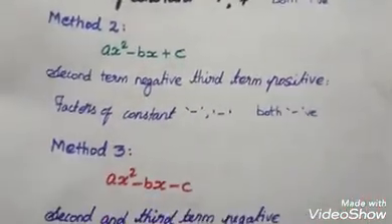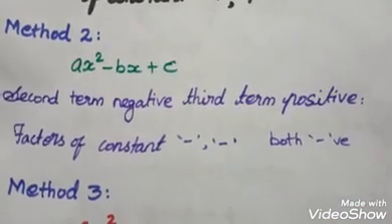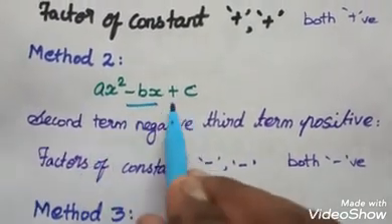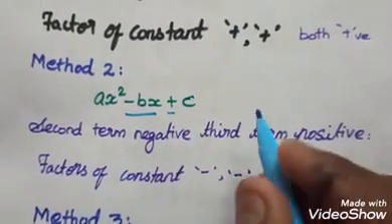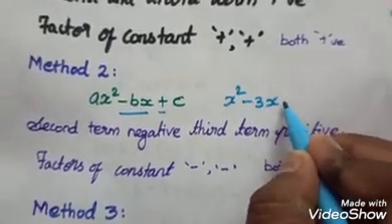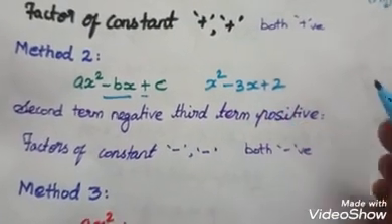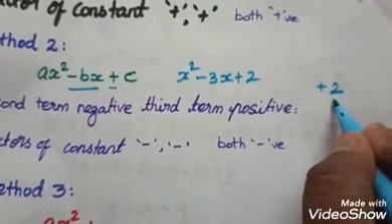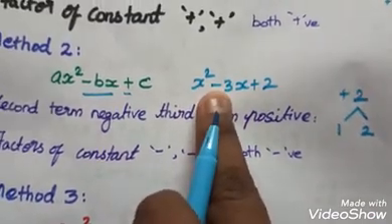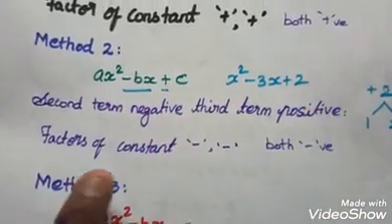In the same way, move on to method number 2: ax square minus bx plus c. Here the second term is negative and the third term, the constant, is positive. The example I write is x square minus 3x plus 2. I take plus 2, and the factors are 1 and 2, but the second term is negative. If the second term is negative and the third term positive, what is the condition?